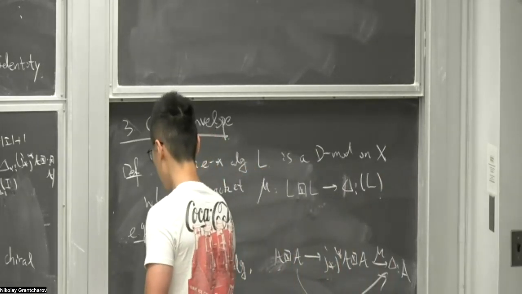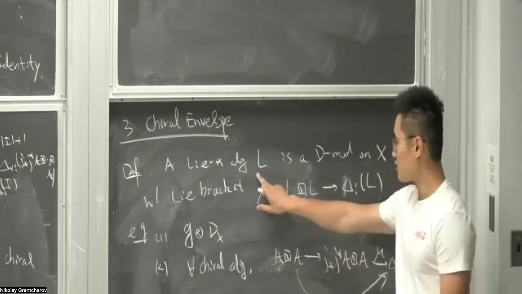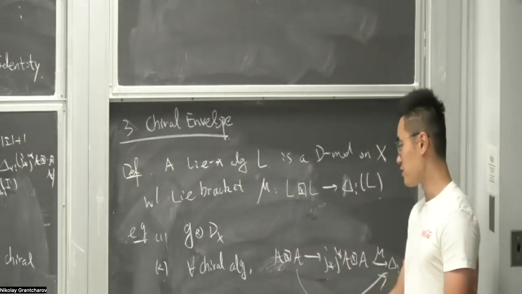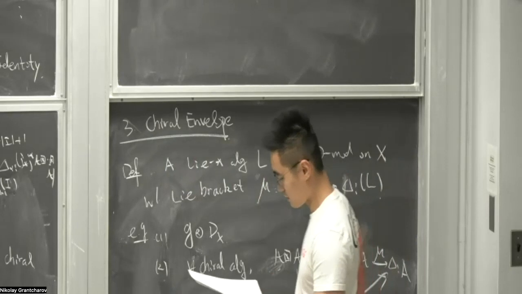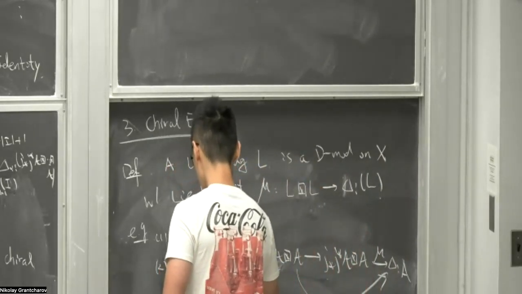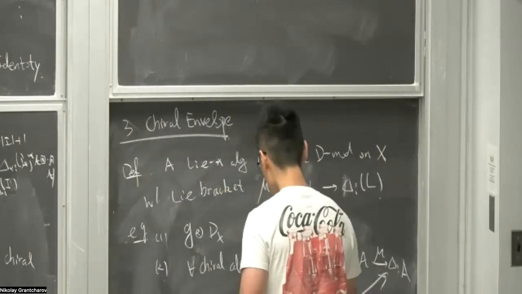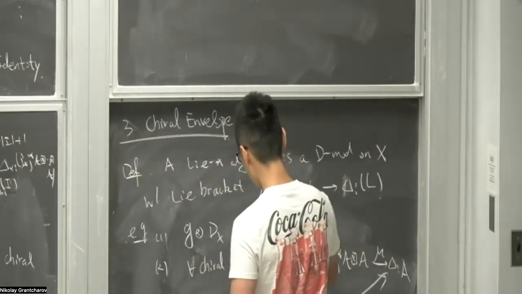Okay, and the theorem is that I can hook up, from a Lie algebra L, also a chiral algebra, I think the Lie algebra. Lie algebra. This gives a chiral algebra.